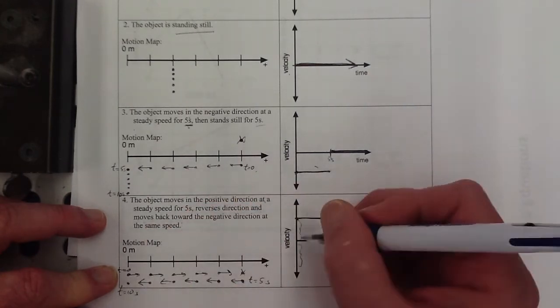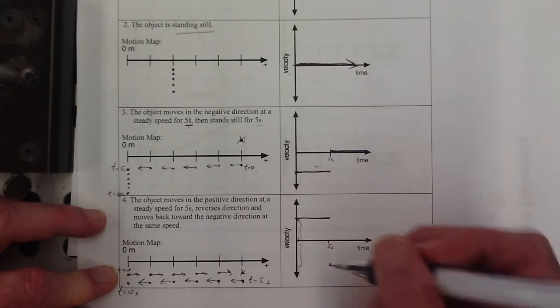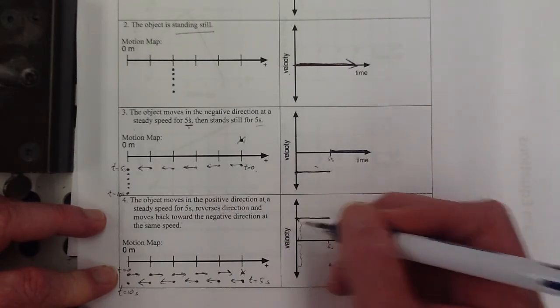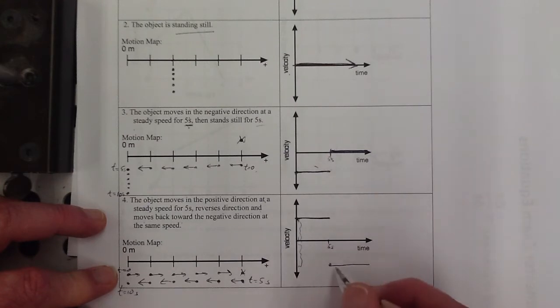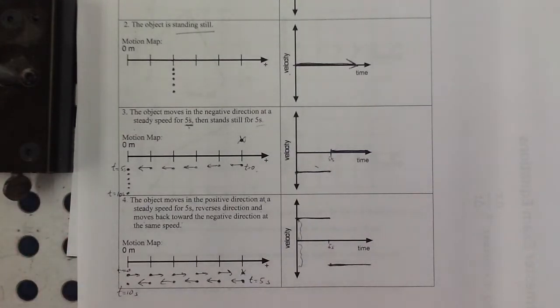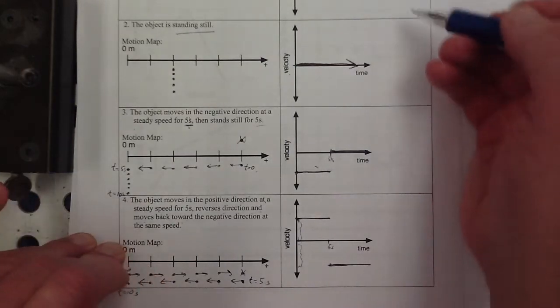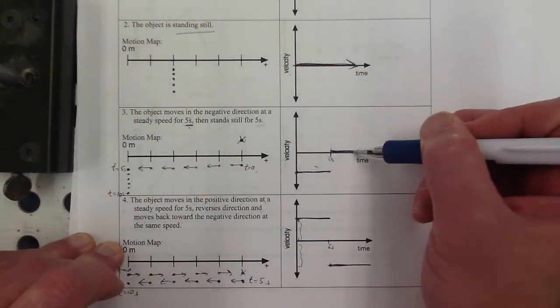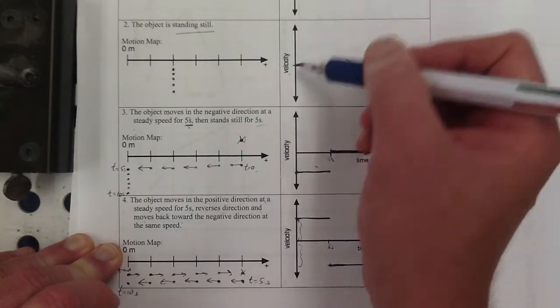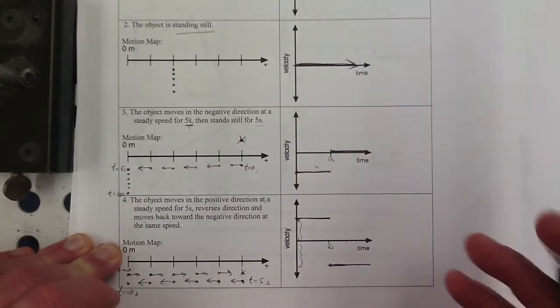It says same speed, so that's going to be the same spacing here, right? So if this was like 1, this would be like -1 or whatever. So it looks like that. So again, constant velocity. Notice that all of these things are horizontal lines or pieces of horizontal lines.